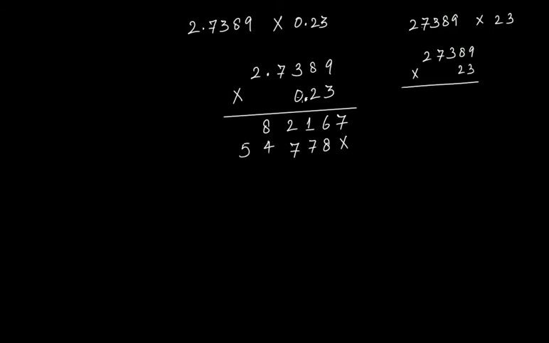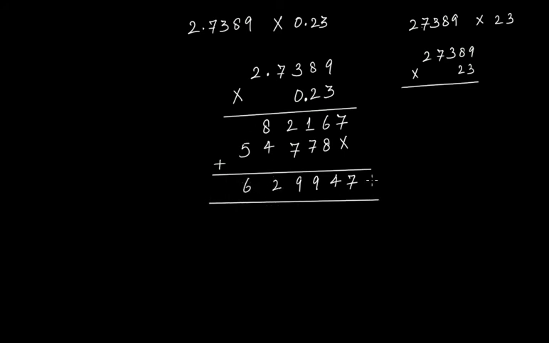Then since it is 0, you can leave it because that's of no use, or everything will come 0. So then you have to add it. 7, 14, 9, again 9, 12 and 6.